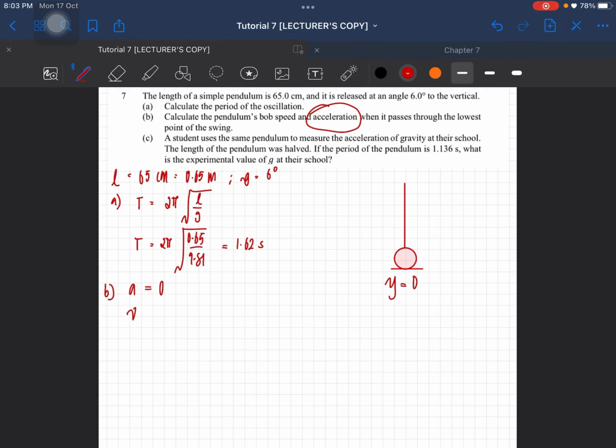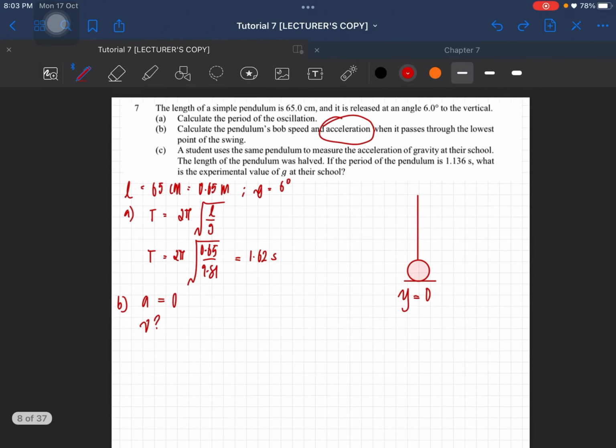Now for the velocity, how do we calculate the velocity? We know that the velocity is going to be equal to omega a. But the problem is now we do not have the value of amplitude. But what we can do is calculate the value of amplitude.